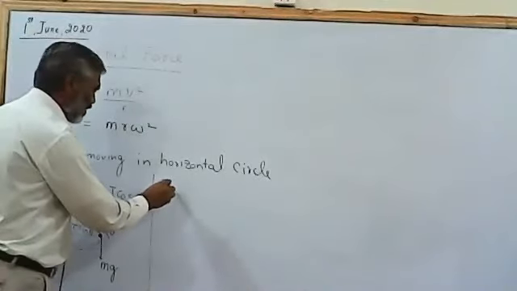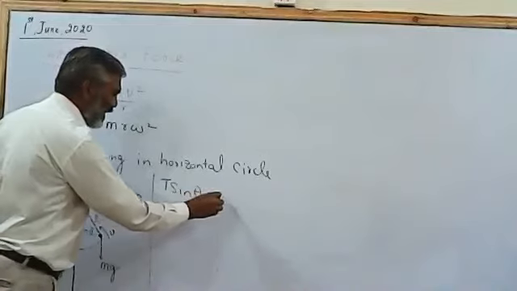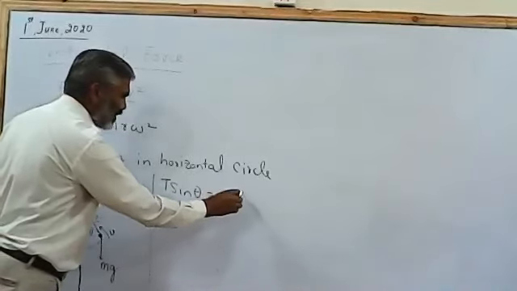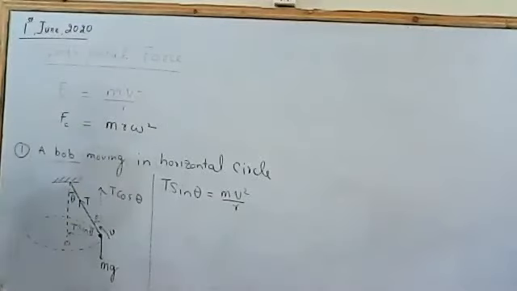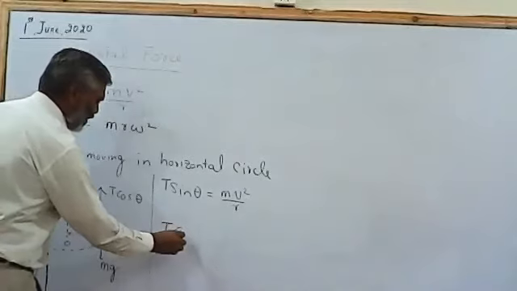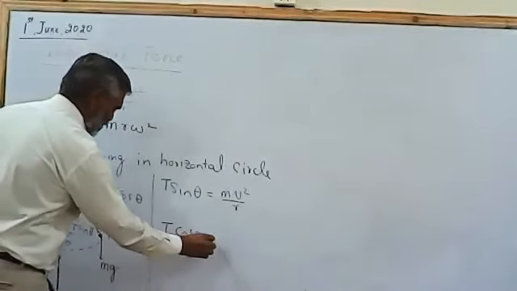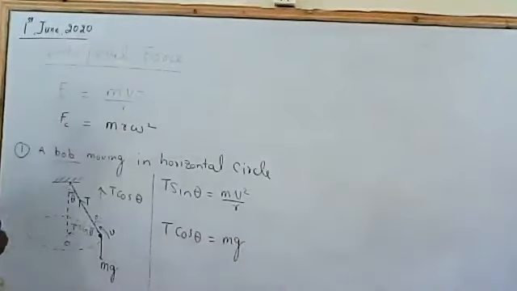T sin theta must be written as mv square over r, being the centripetal force, whereas T cos theta may be written as equal to the weight, because the two forces are clearly balancing each other along the vertical direction.